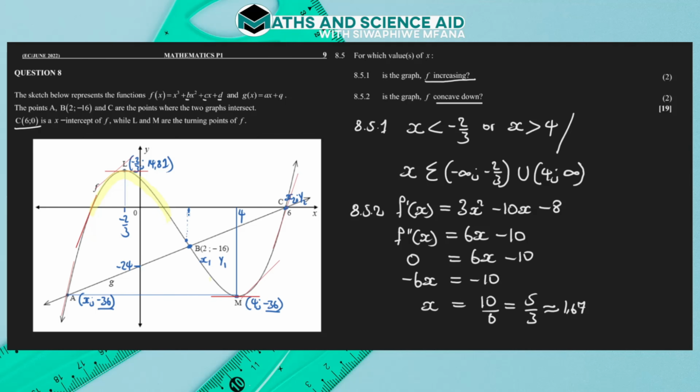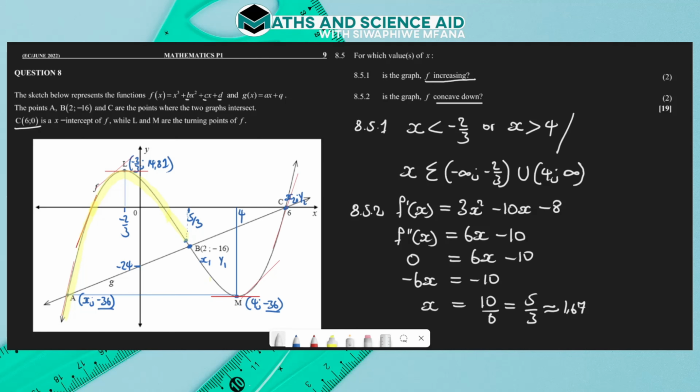That is where 5 over 3 would be if we just estimate in this case, meaning that our function is concave down all the way up until we get to that point with an x value of 5 over 3. So after 5 over 3, the concavity of our graph changes from downwards to upwards.